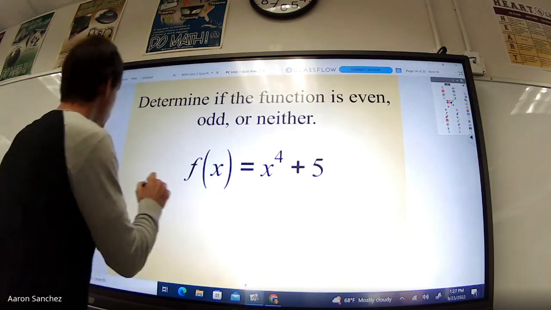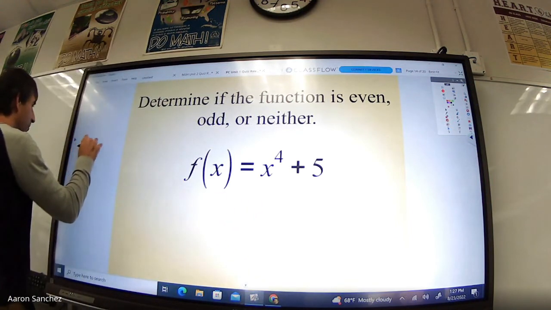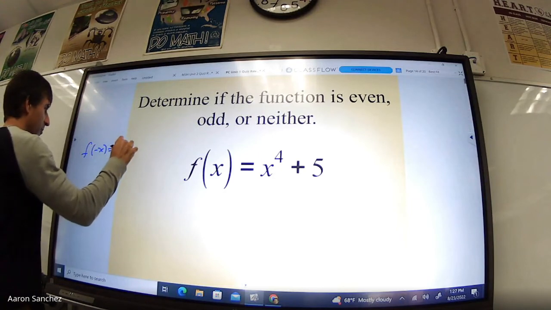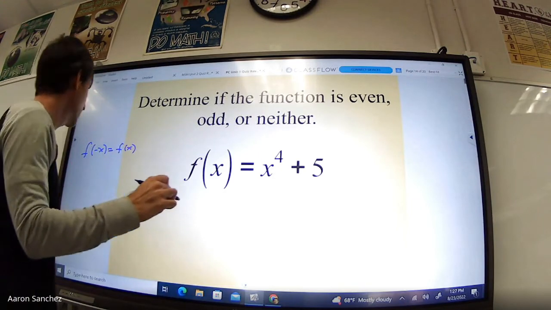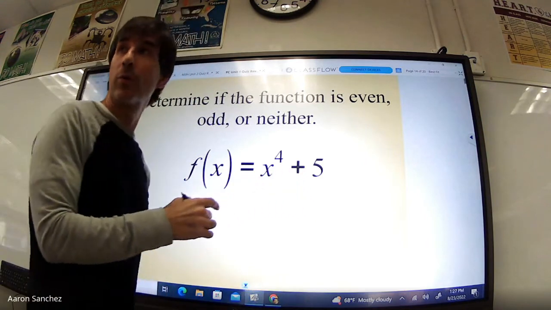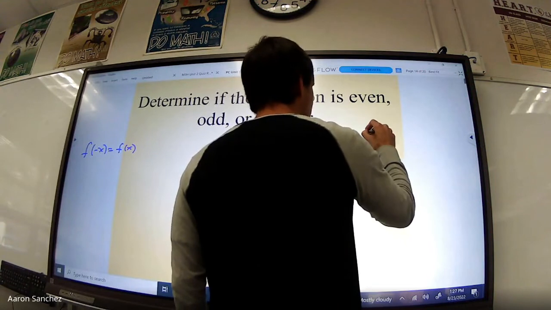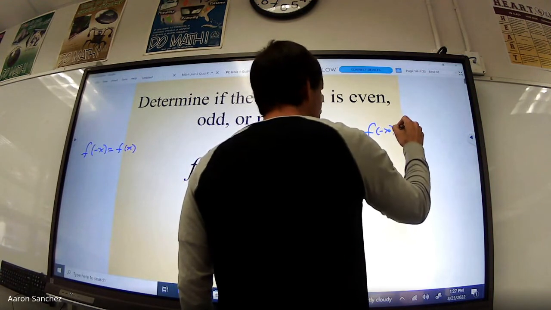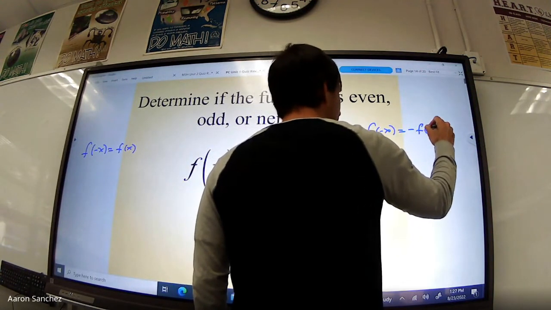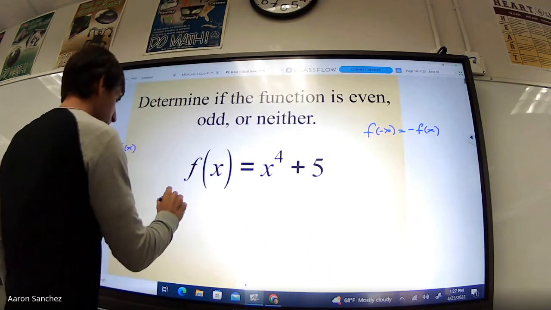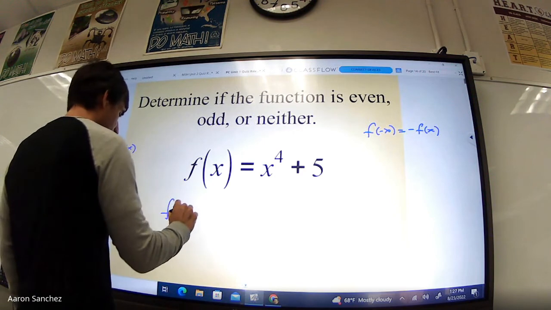Remember, even: f of negative x equals f of x. If you plug in the negative, it should be a positive. Odd: f of negative x equals negative f of x. You plug in the negative, it becomes negative. So let's plug in f of negative x.